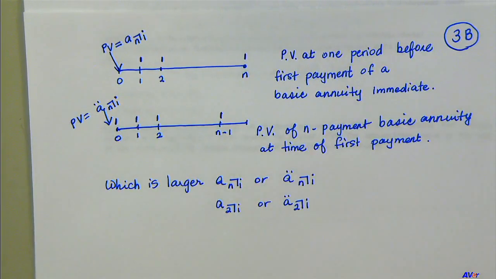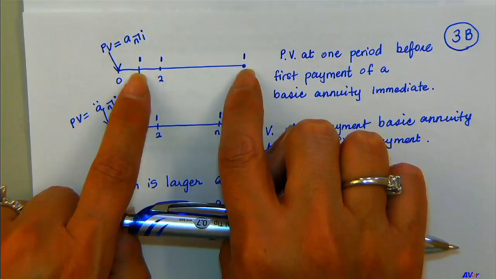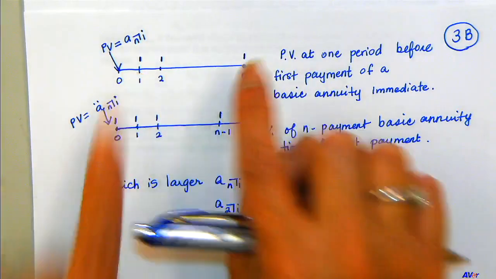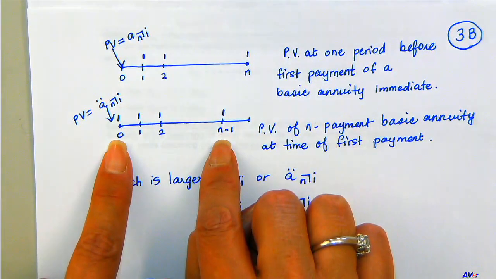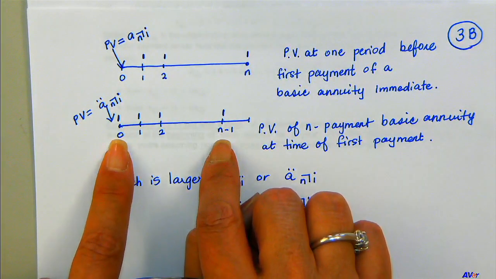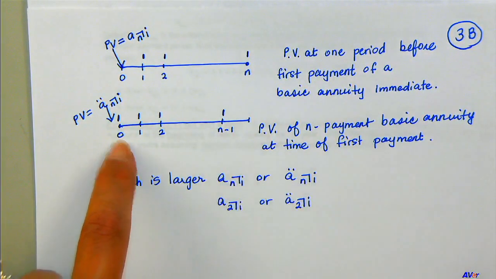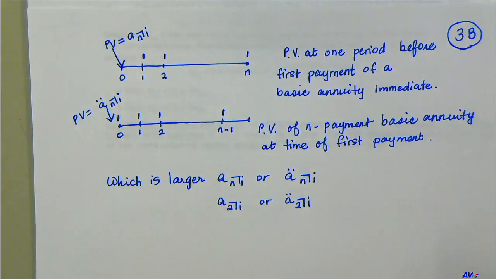Which do you think is bigger and why? Any idea? So here I have n payments of 1. Here I have n payments of 1. And I'm asking you which is bigger. And prove it to me.